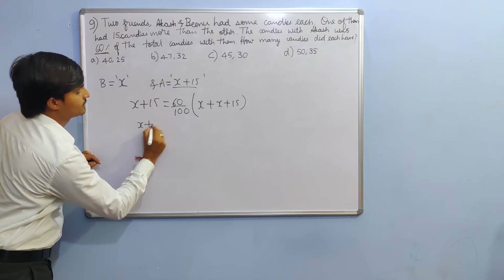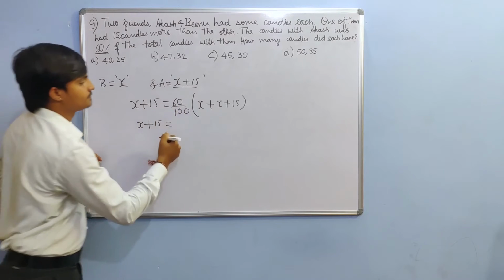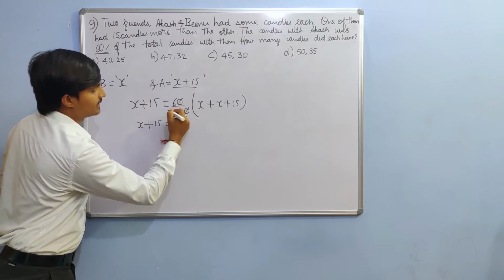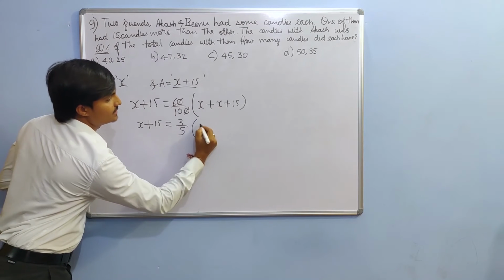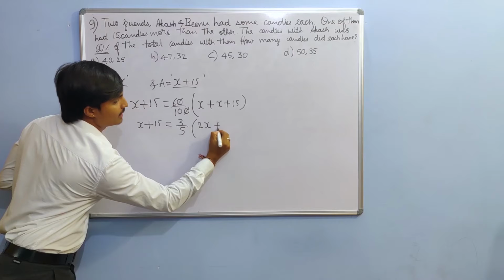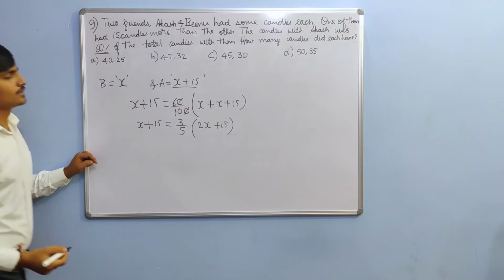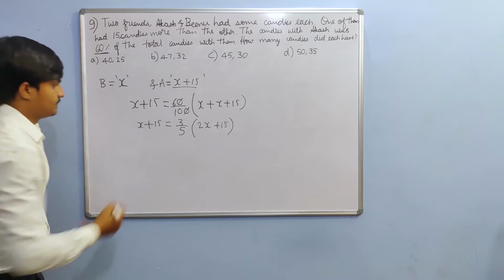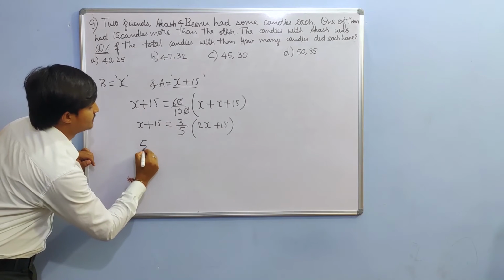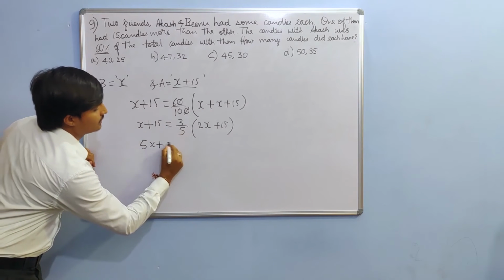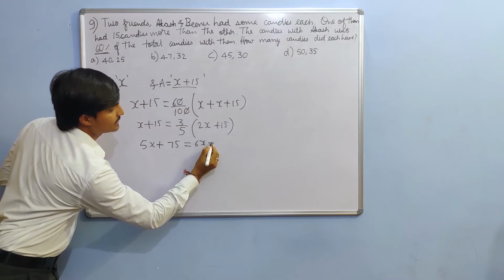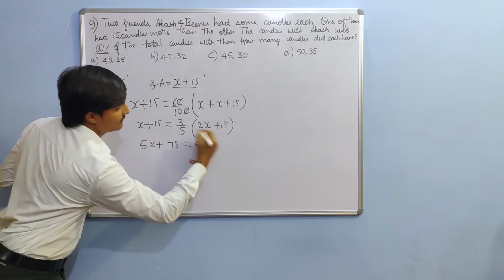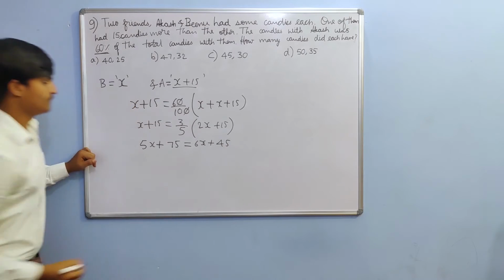So by solving this, the common factor cancels and it will be equal to 3 by 5, and this is x plus x, 2x plus 15, which is equal to 5x plus 75, 6x plus 15 3s are 45.